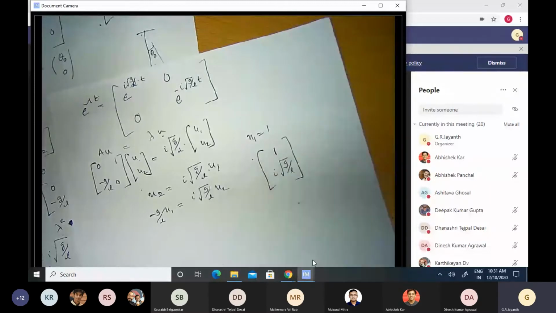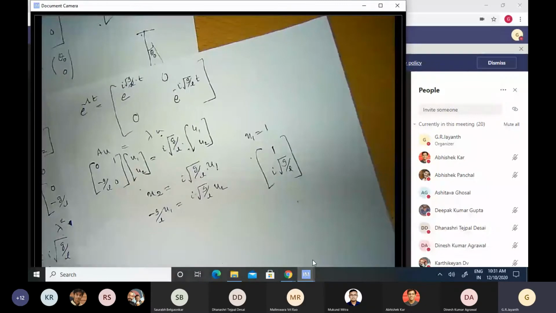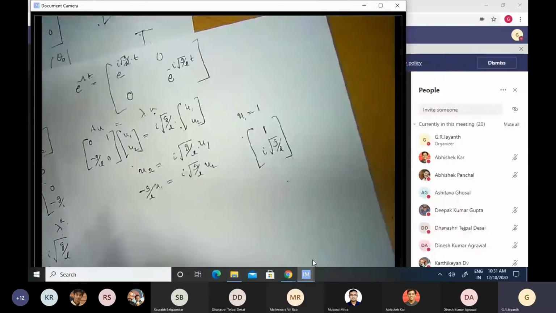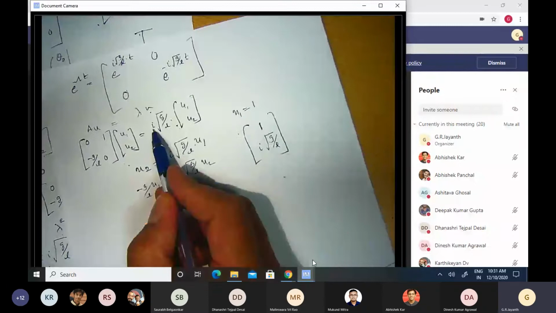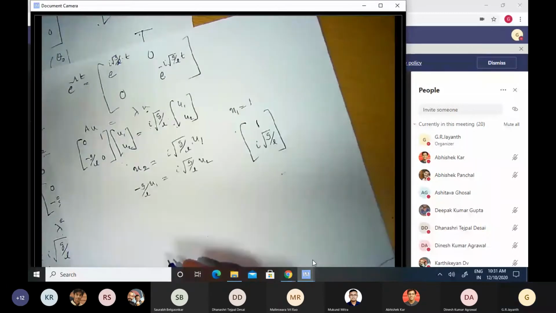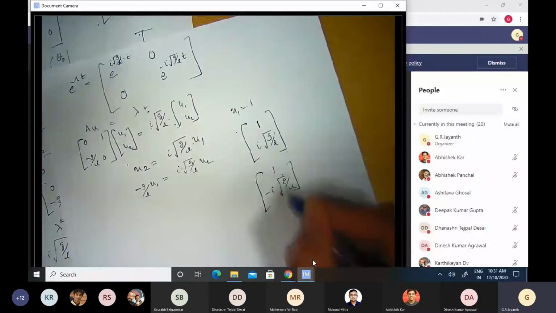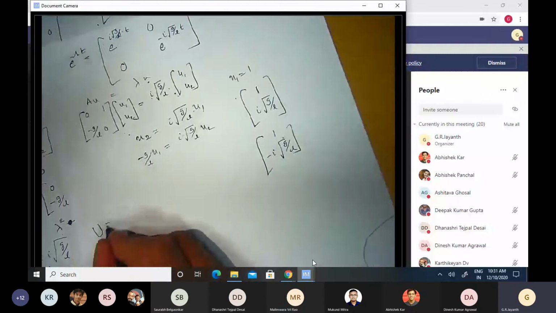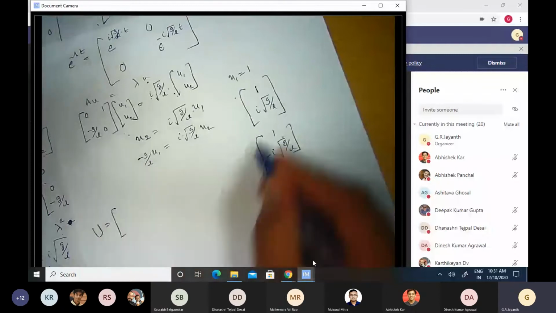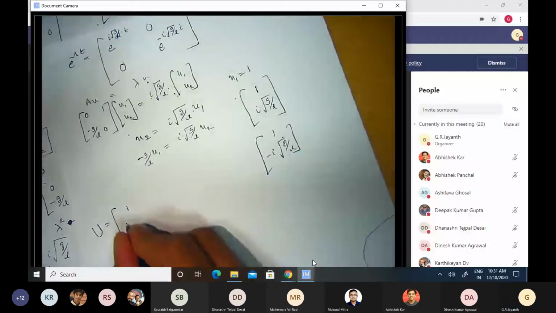Similarly, if I try to determine the eigenvector associated with the other eigenvalue, namely minus i root of g by L, I will get the other eigenvector to be 1 and minus i root of g by L. Okay, so my U matrix is a juxtaposition of these two column vectors. So it's 1, i root of g by L and 1, minus i root of g by L.